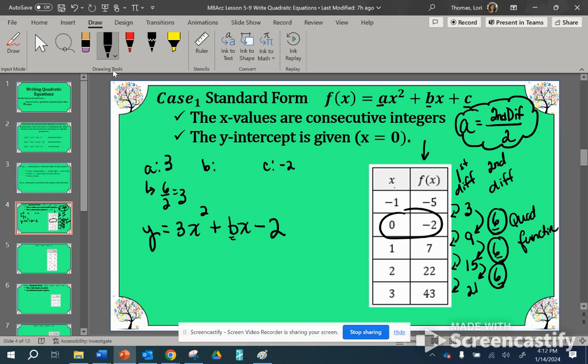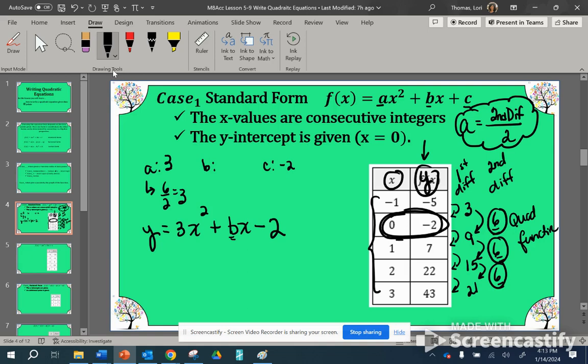Anytime you are left trying to determine one piece of a function in the equation form, we can simply pick a point that we've not used. We've already used the y-intercept, so we're going to exclude that point. But we're going to pick any other point to plug in for x and y into our equation.